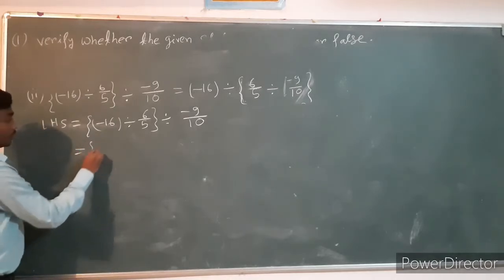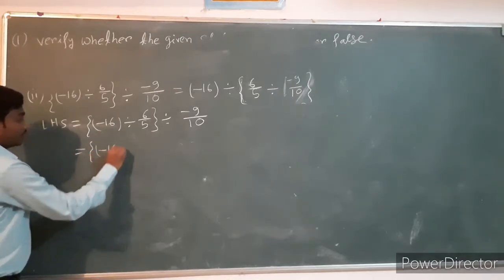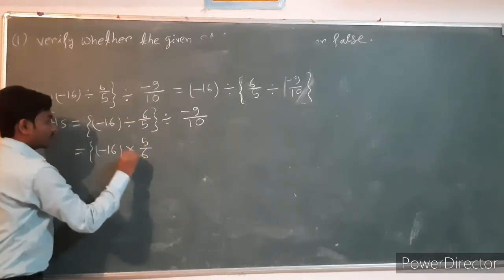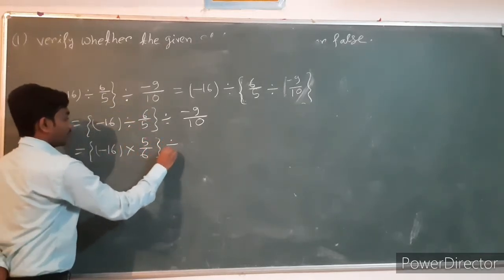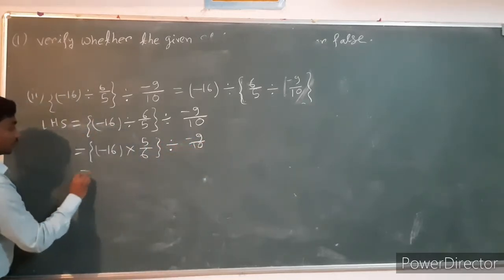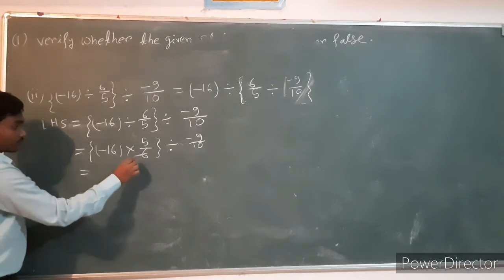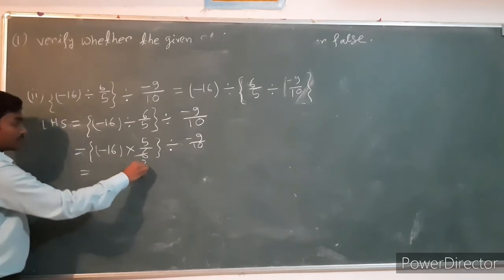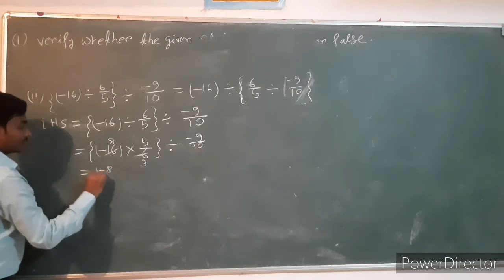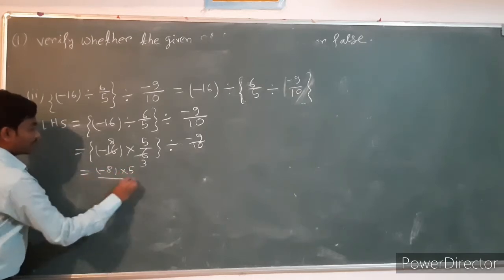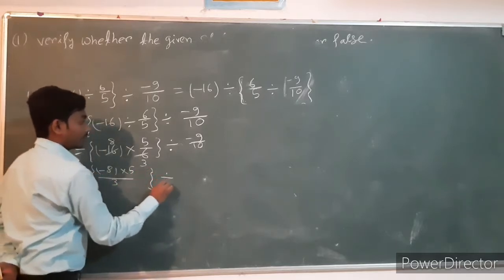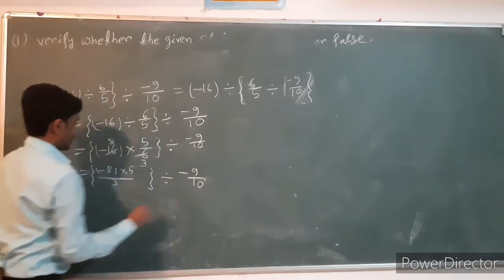So minus 16 multiplied by 5 upon 6, divided by minus 9 upon 10. So 3, 2 is 6, 2, 8. So minus 8 into 5 upon 3 divided by minus 9 upon 10.